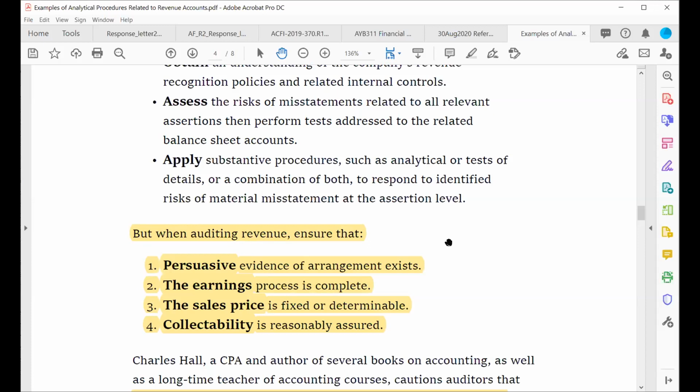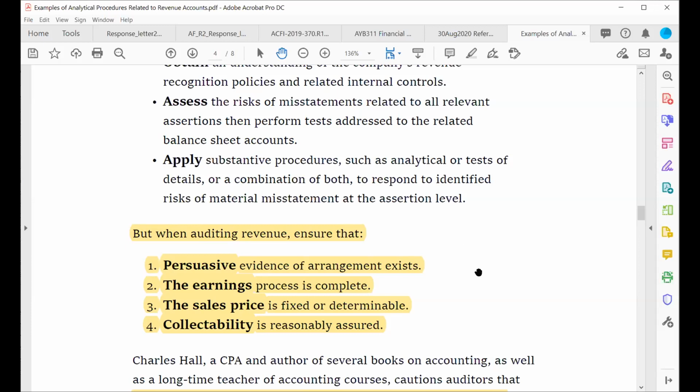We also need to get evidence on different stages of this sales cycle: from the initial purchase order to the ordering process, to invoices, to the shipping, to the cash collection, and also to the later provision calculation. The whole process should have some evidence.